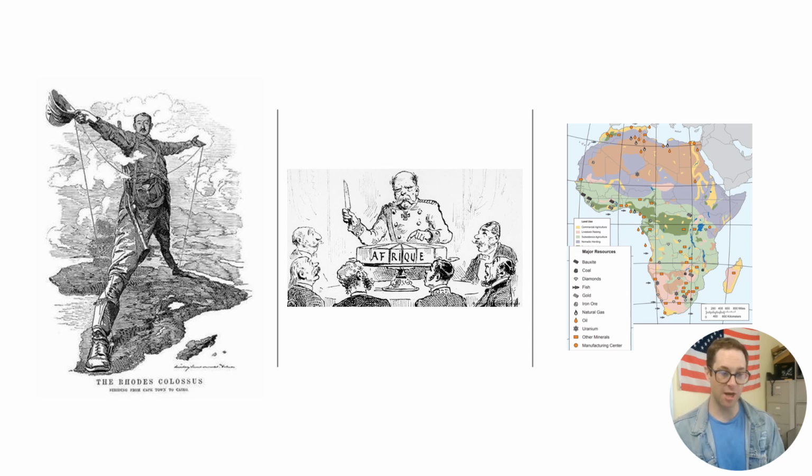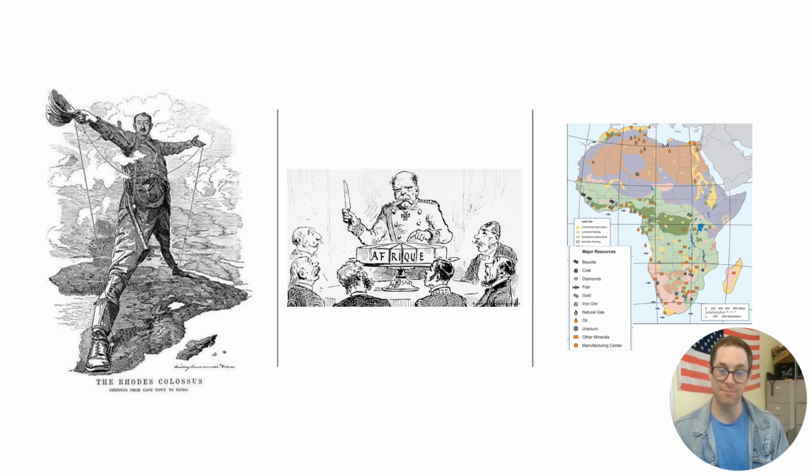Now, the first cartoon is called the Rhodes Colossus, and if you couldn't tell, he's actually standing over the continent of Africa, showing a type of domination and how they wanted to control Africa from top to bottom. The middle cartoon has the word Afrique, which we want you to know just means Africa, and everyone around the table is meant to represent a different European country, and they are slicing it up so that everybody gets a piece of it.